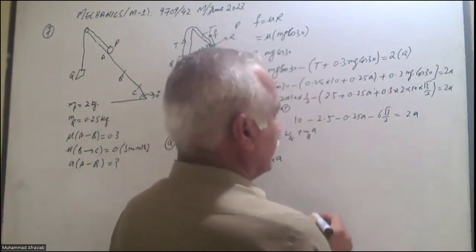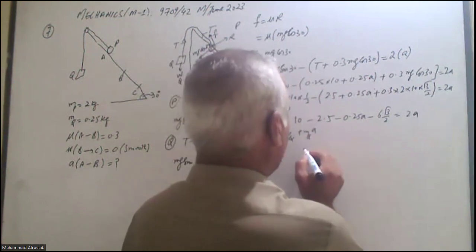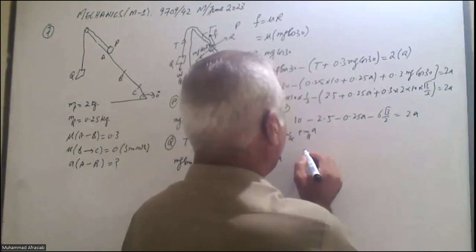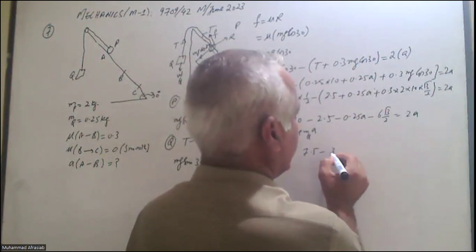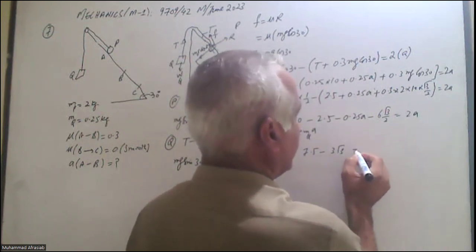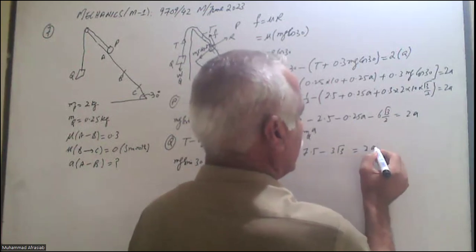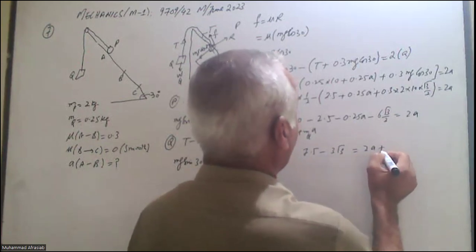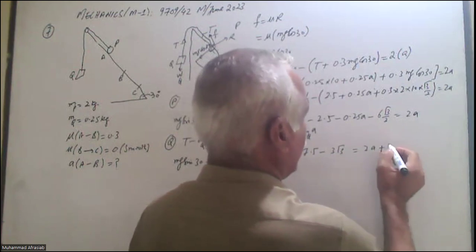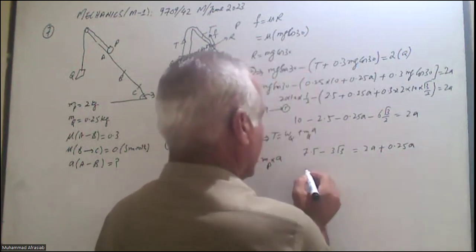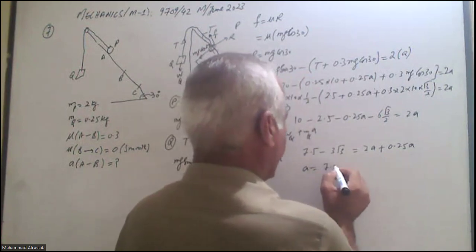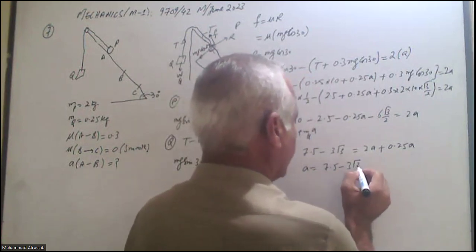Or finally, 10 minus 2.5, that is 7.5, minus 3 root 3 is equal to 2a plus 0.25a.